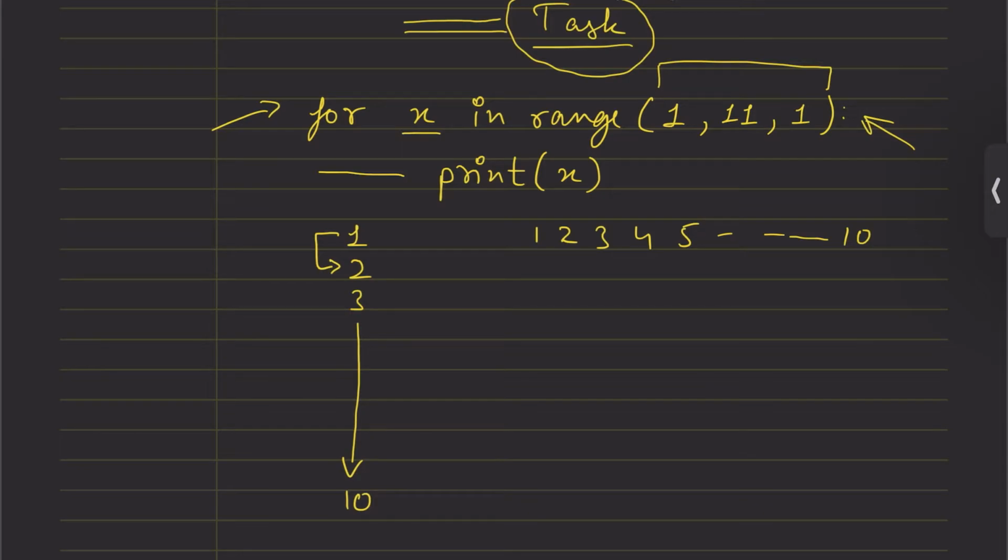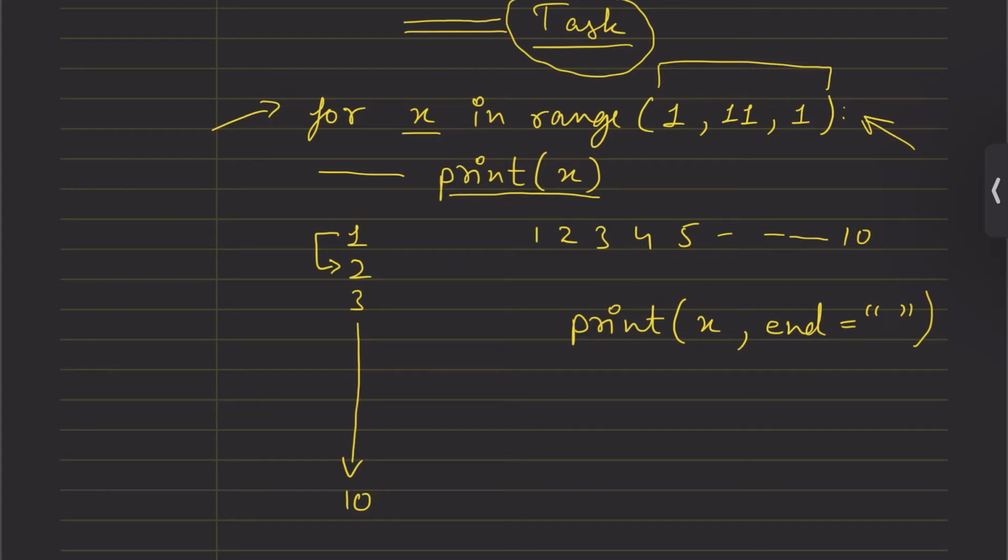How can I do that? There I have to make a small change in the print command. I will write the print command like this: print, in the bracket x comma end equals double inverted commas, and close the bracket.